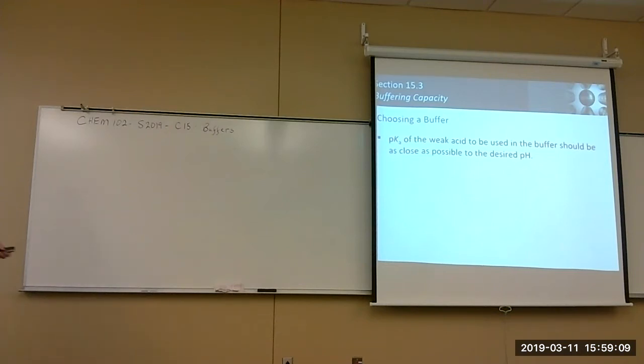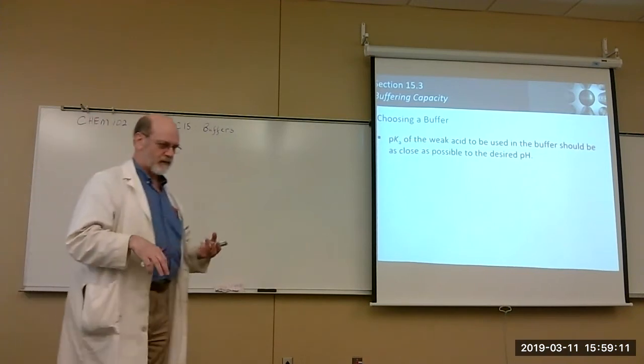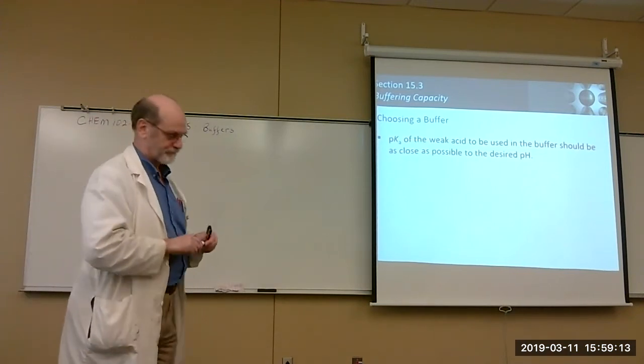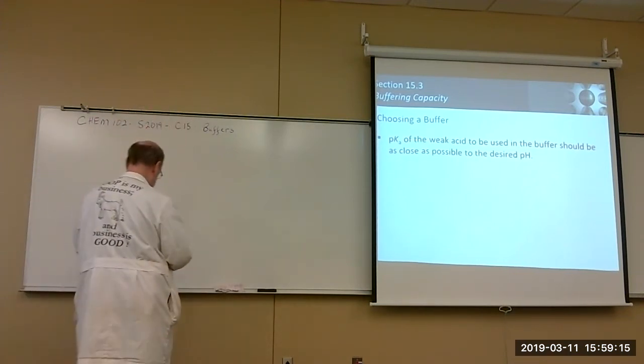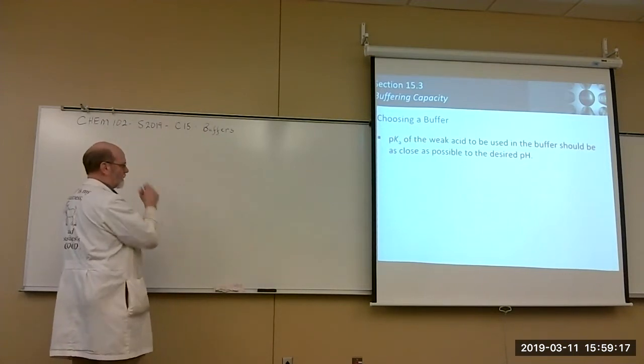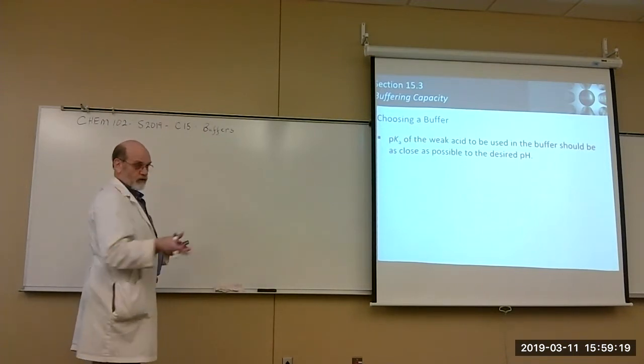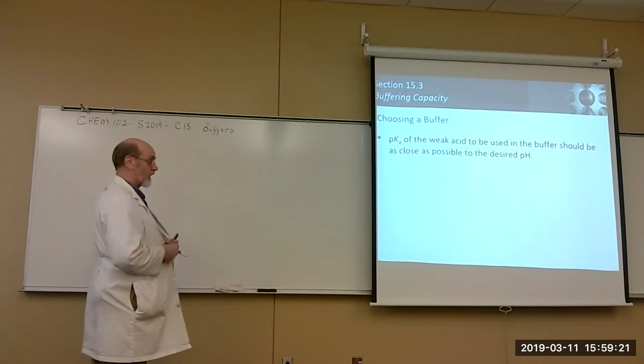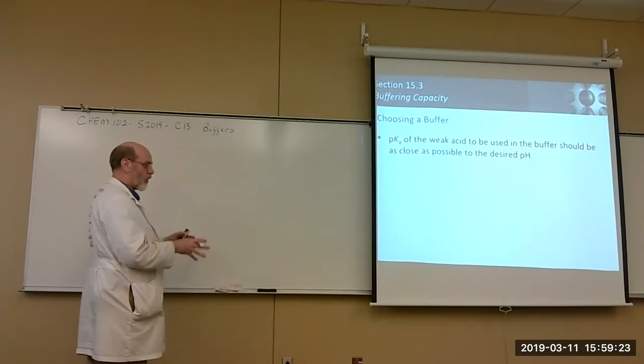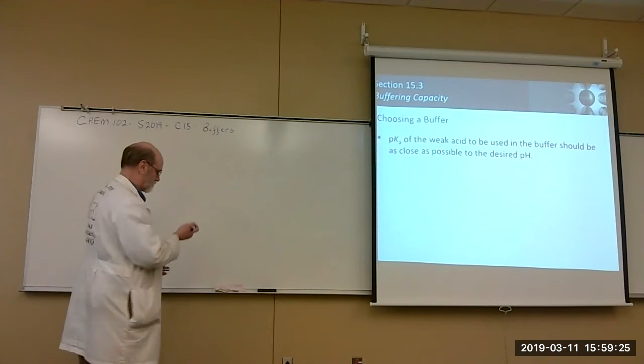Okay? Now let's see, how much of this am I going to have to draw? In order to describe this, I need to draw a titration curve. And this is what we're going to do in lab also. We're going to actually gather the data so we can draw a curve for acetic acid.